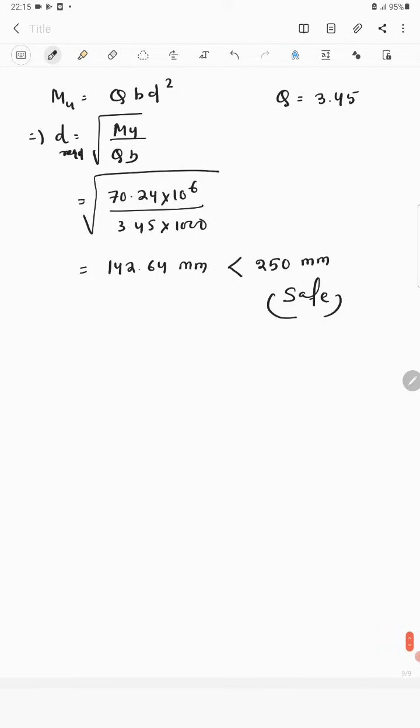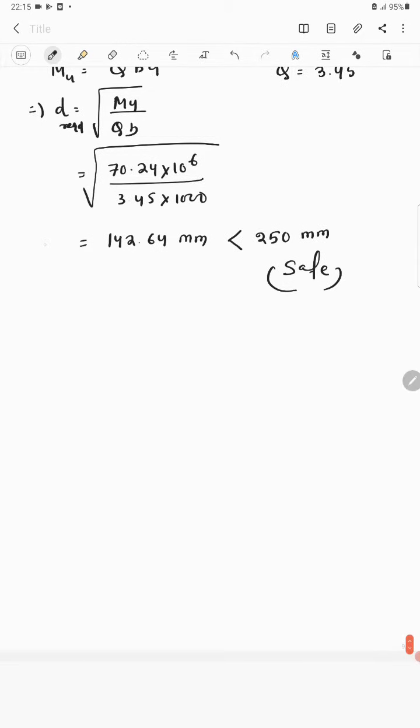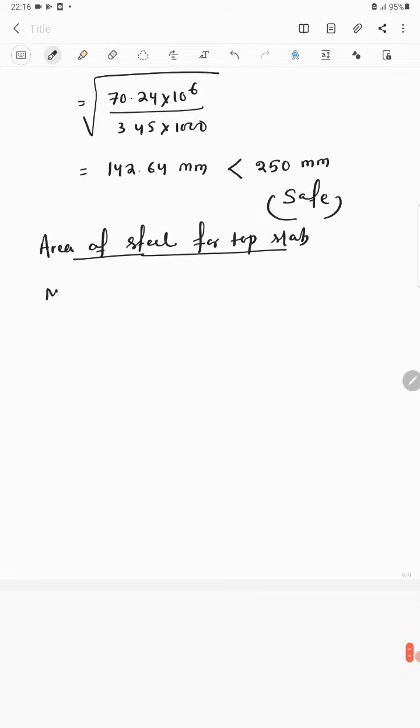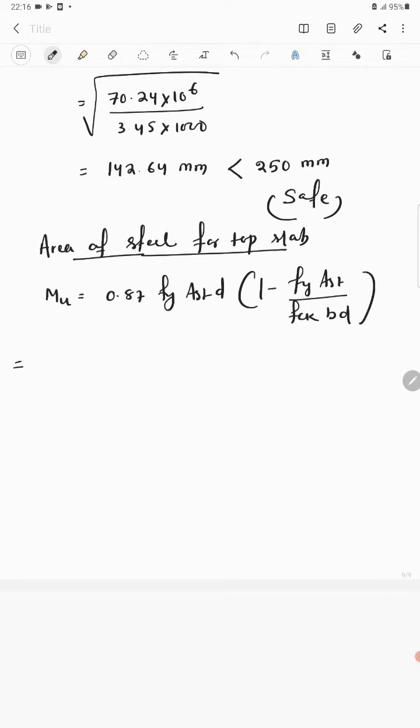So if this depth is safe, then we can go for calculation of the area of steel reinforcement for the top slab. Mu is equal to 0.87 FY Ast D into 1 minus FY Ast divided by FCK BD. From this we can calculate the area of steel.